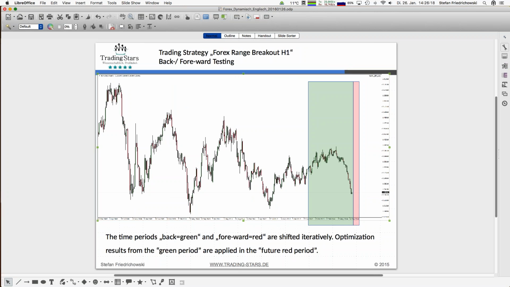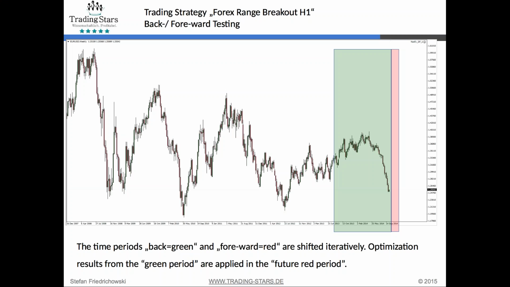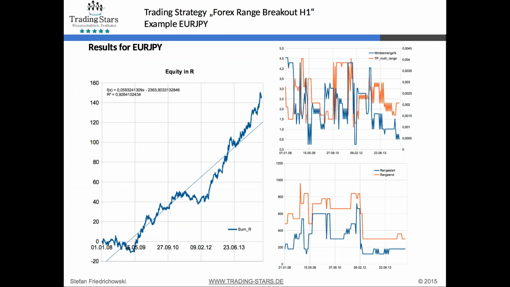How does it look in equity now? So if I go on to the next slide, you can see here results for one Forex pair, and you see the equity curve for the last 7 years or 6 years, and this equity curve now is always the results in the then following future after optimization in the green period.